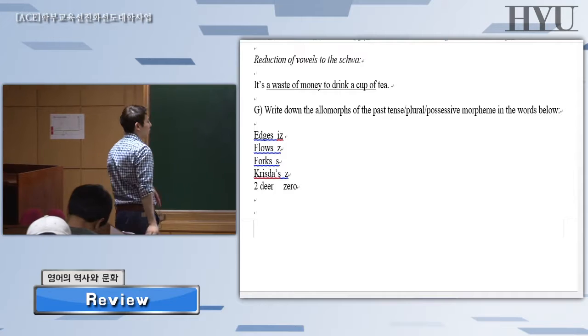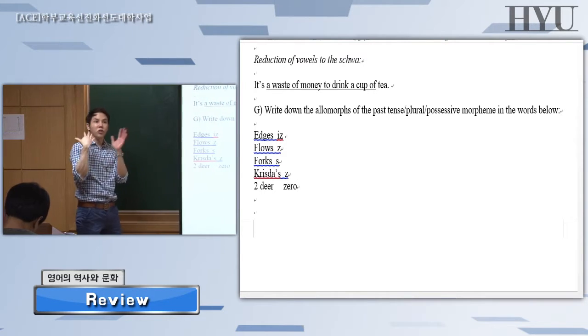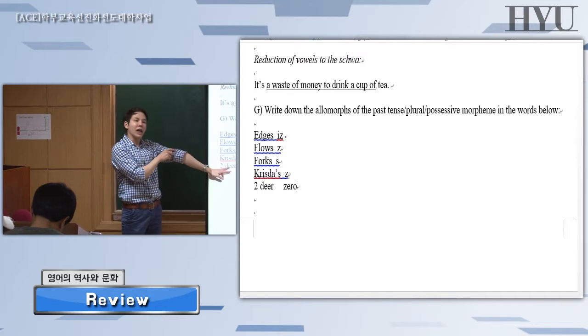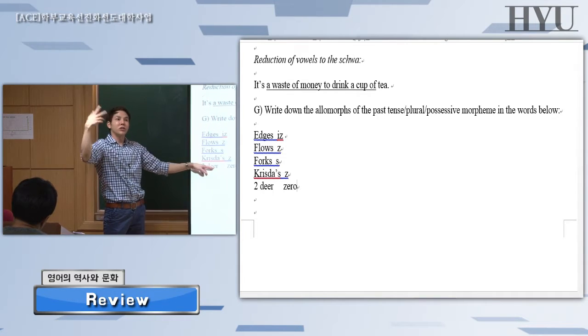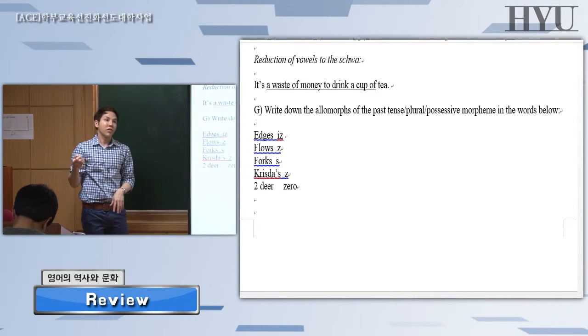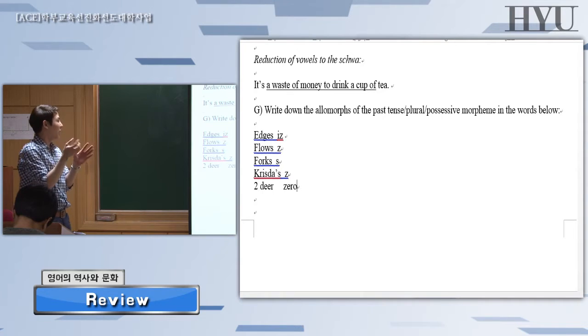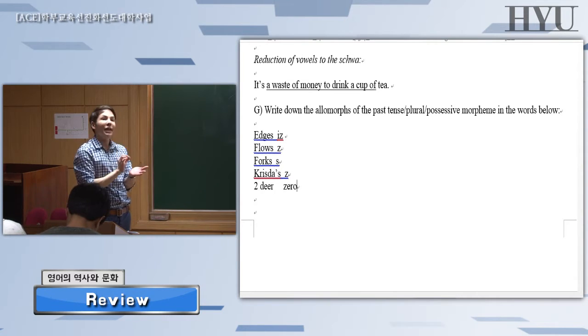Zero plural allomorph, meaning you don't see or you don't hear, but it's there. So when you say "two deer are missing", like that, without the S, the allomorph is zero. Zero meaning there's no vowel change, there's no S being added.